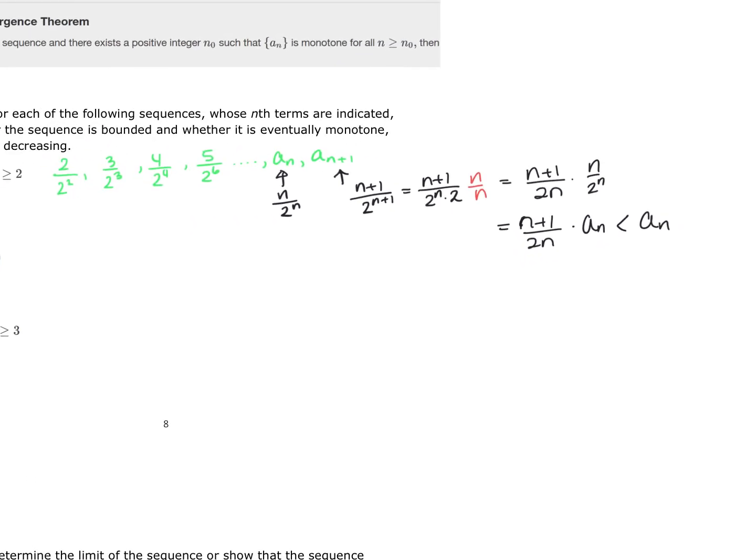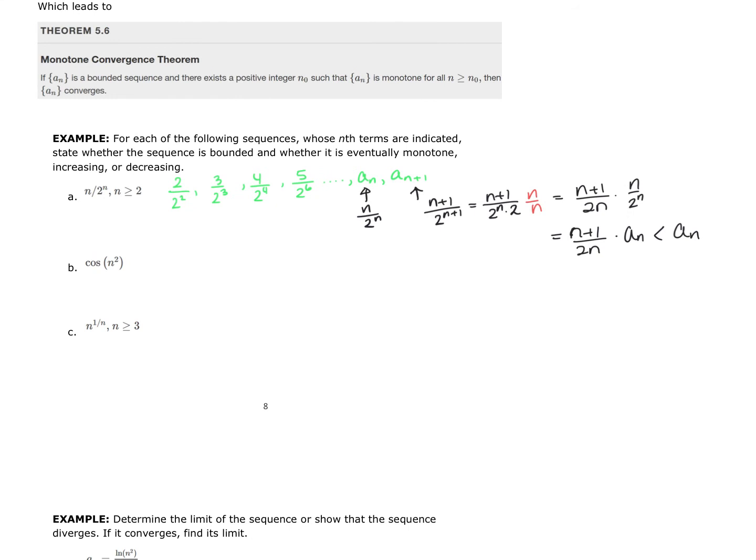So this tells me that I am decreasing the entire time. So this sequence, which is n over 2 to the n, is decreasing the entire time. So it's monotone.